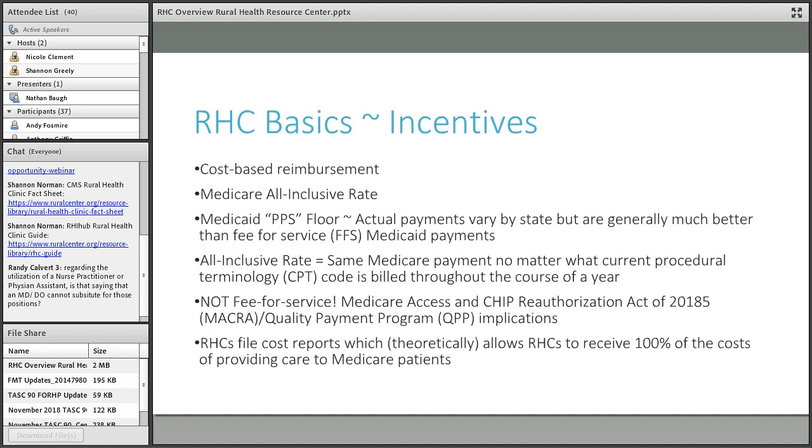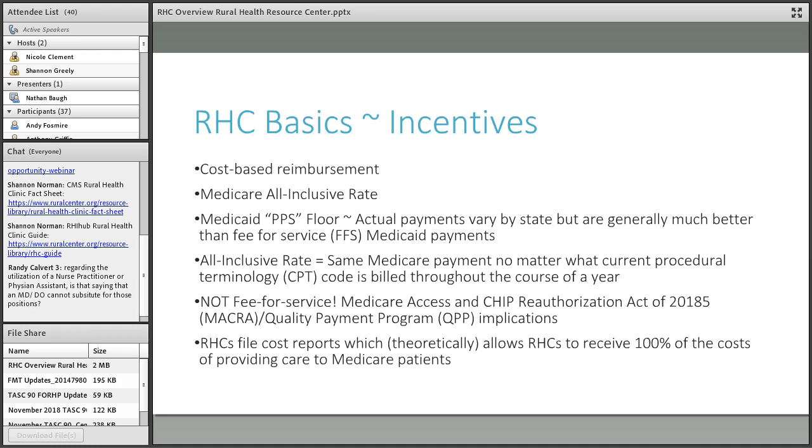The states can come up with any sort of methodology in regards to Medicaid. But that payment cannot be lower than this federal floor, which is the costs as they were in 1999 and 2000 trended forward for inflation. So generally, it varies again state by state, but generally it's a lot better than your fee-for-service Medicaid payments.